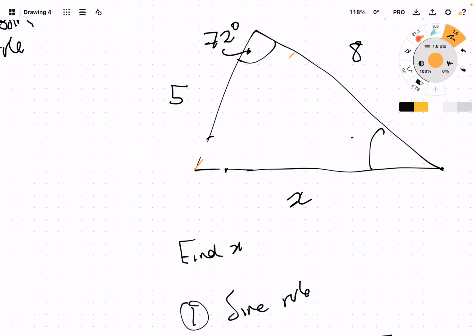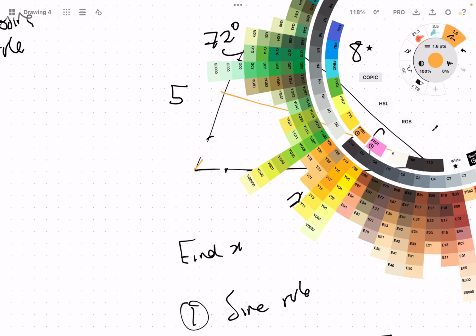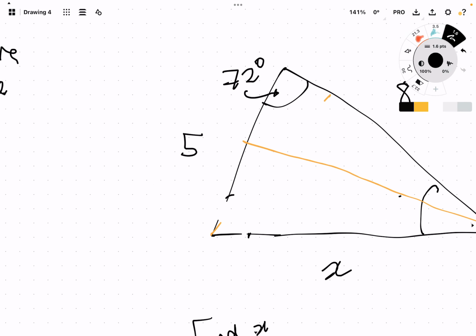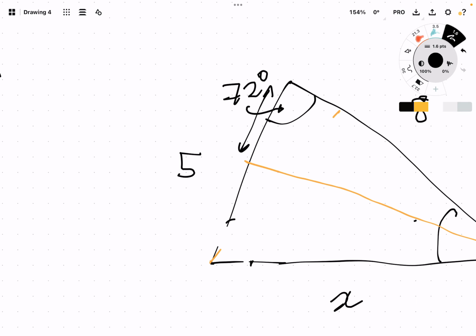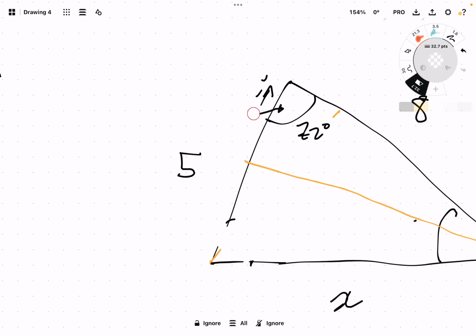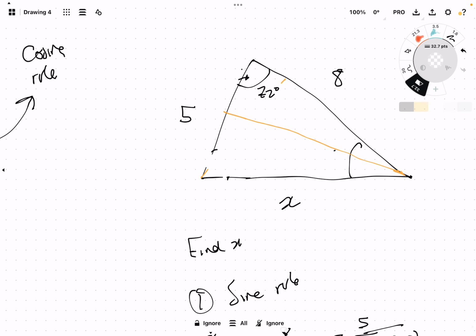So ideally, you want to cut this one or this one. Actually, I think this one might be nicer. Still not super nice, but we have a right triangle now.